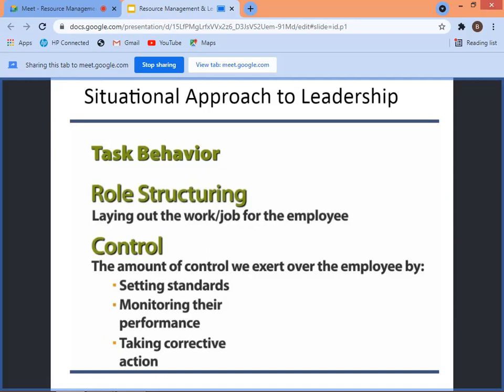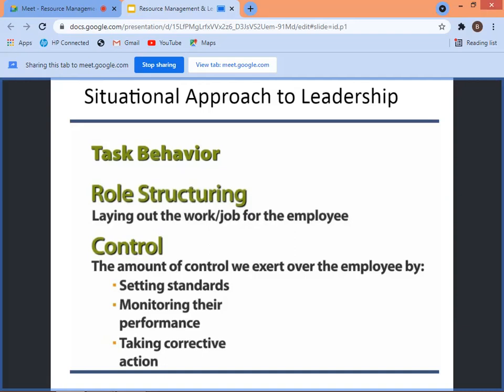All of this, you need to have the UAO. What is UAO? After explaining to you the role structuring and control, you have the UAO. What is U? Understand. You understood everything. What is A? Acceptance.